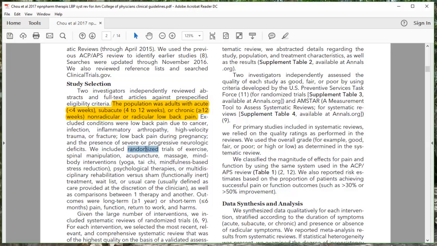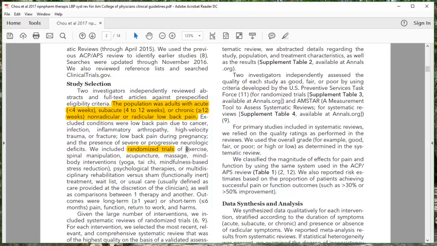They included randomized trials. So randomization was important. They were looking for randomization. So cohort studies were out, matched case control studies were out, and they were looking at a specific list of therapies that they disclose here.